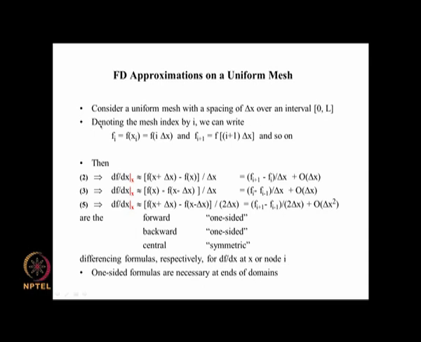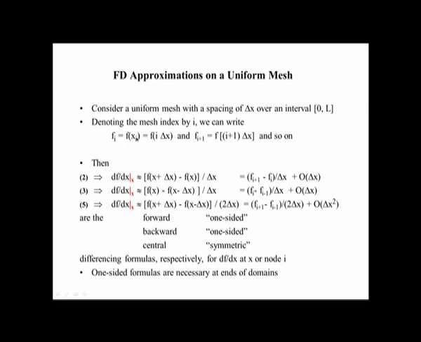Okay. So we denote the mesh index by I here, and what we mean by this is the value of f at xi. So that is the location, the x value at the ith mesh index or node, which we write as f subscript I here, is nothing but f of I times delta x.